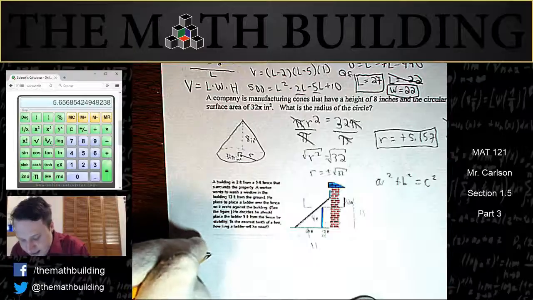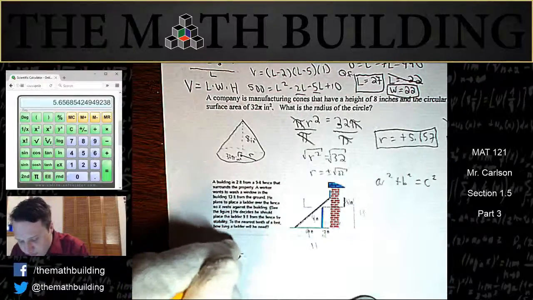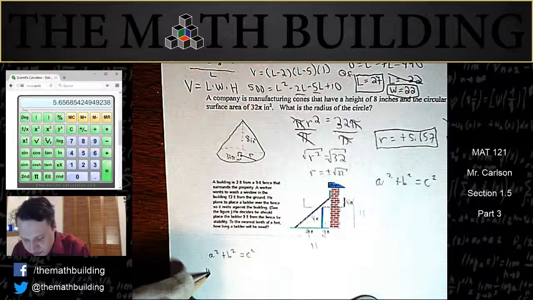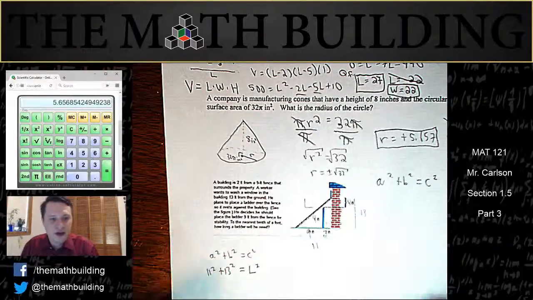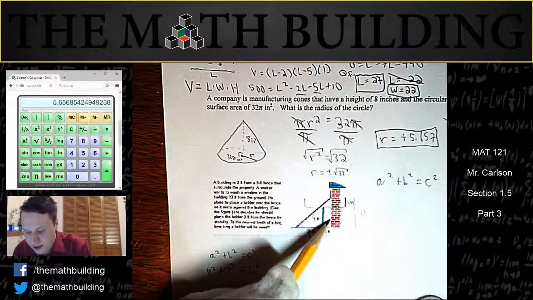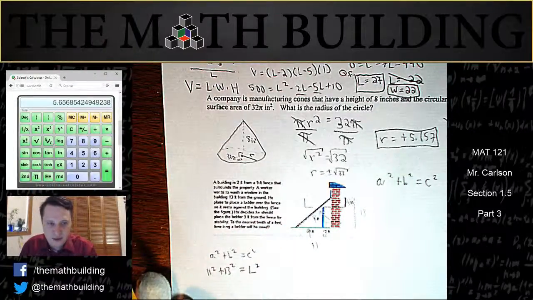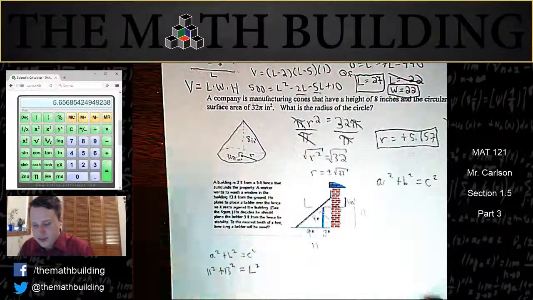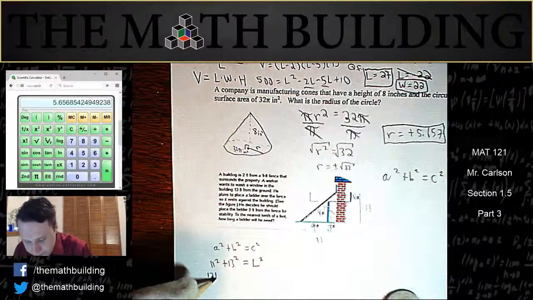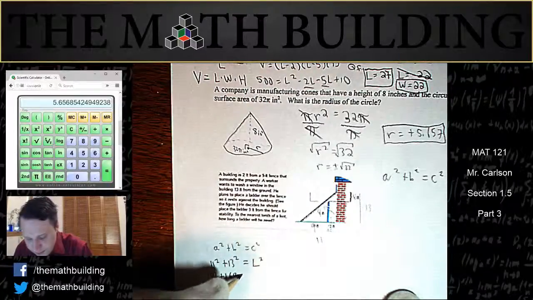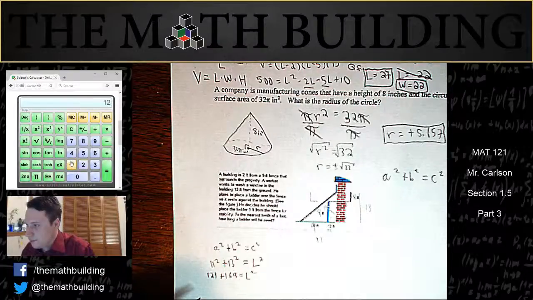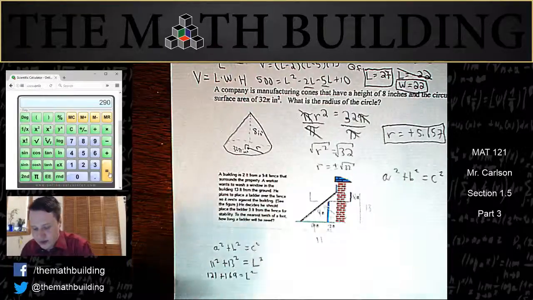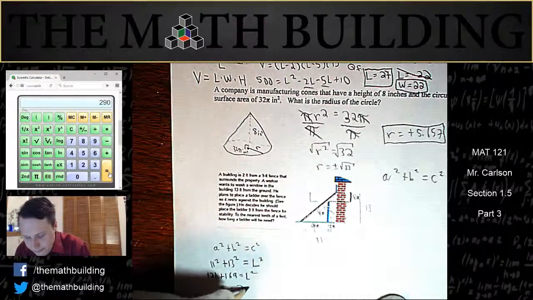So we have a squared plus b squared equals c squared, or 11 squared plus 13 squared is equal to L squared. Make sure you put L in for the C value, because that's the hypotenuse since it's across from the right angle. 11 squared is 121. 13 squared is 169. Then you can add like terms. 121 plus 169 is 290.